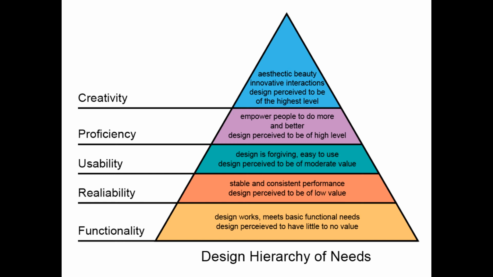So if we look at the design hierarchy of needs with a lens towards usable design, first of all, your site has to function, and it has to function well. It has to work, it has to meet basic functional needs in order to have any value to it at all. So a basic site that functions, it doesn't really have any aesthetics, doesn't have any reliability, very little usability.